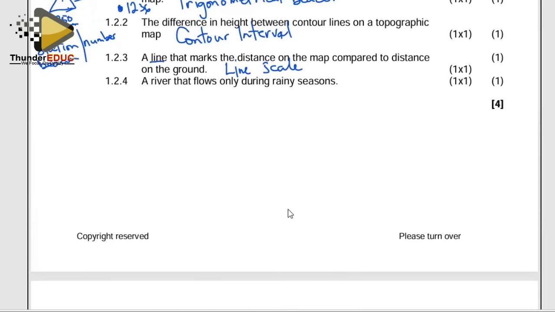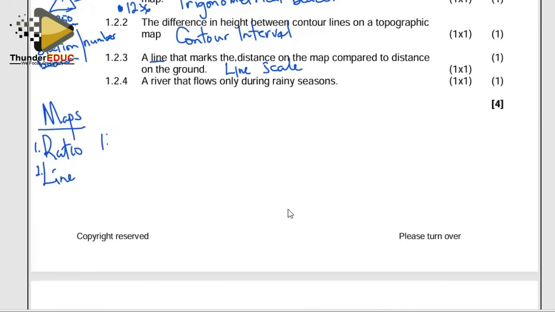predominantly on our maps, we have two main types of scales that we use. On maps, we have a ratio and a line scale. A ratio represents the map distance in proportion to the ground distance in the same units of measurement.